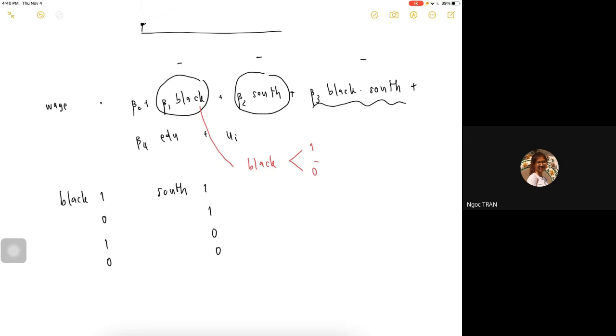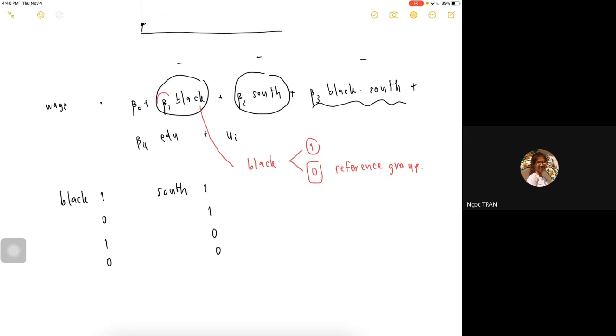So normally the reference group will be 0. If black is equal to 1, it means that individual is black, and if this dummy variable is equal to 0, it means that the individual is a white person. So our reference group here is white people.